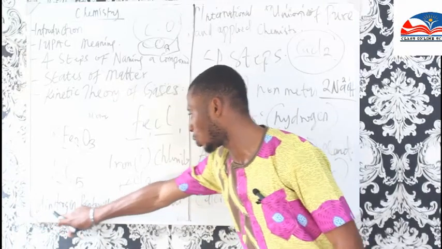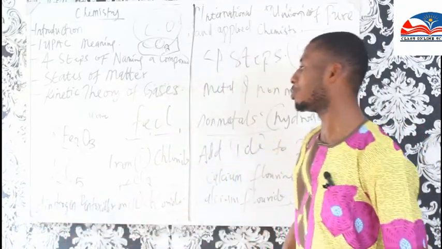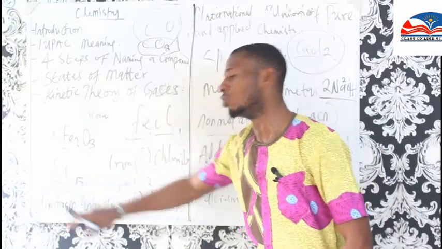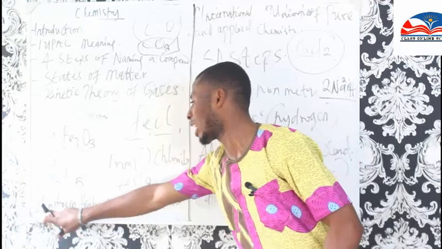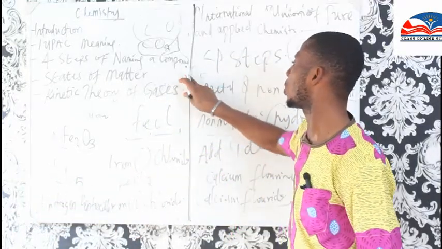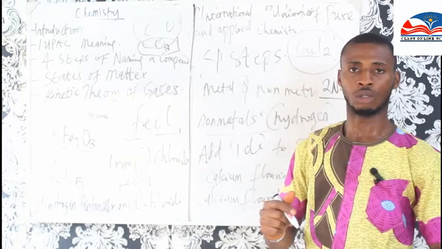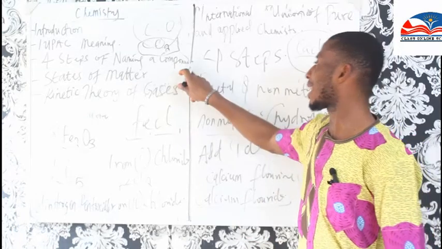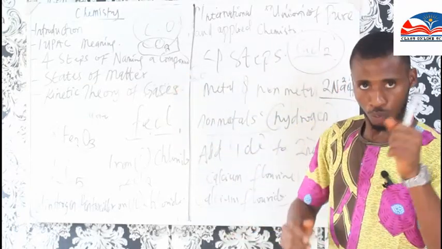Why is this dinitrogen present? That is what my concern is. This dinitrogen is present because the nitrogen has 2. When we have CO, we cannot say monocarbon monoxide. No, we just say carbon monoxide, because this carbon cannot have mono.